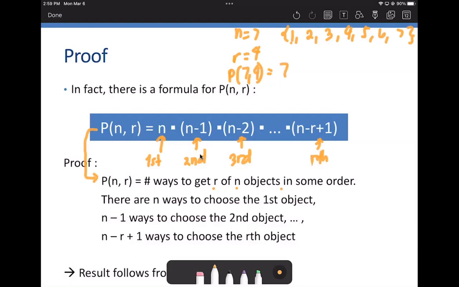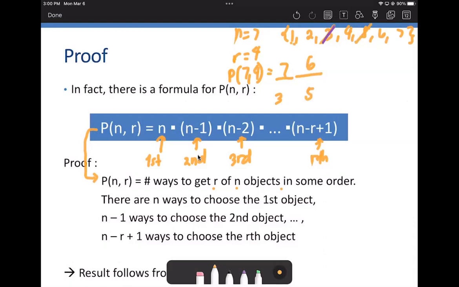So assuming that the first number selected is 3, now we can cancel this out. Now how many ways can we select the second number? There will be 6, right? So 1, 2, 3, 4, 5, and 6. Assuming that the one selected was 5, let's remove 5 since it's been taken.